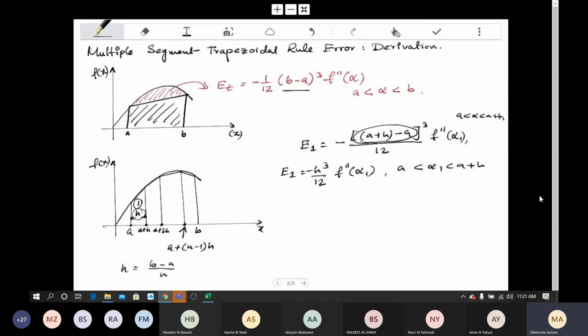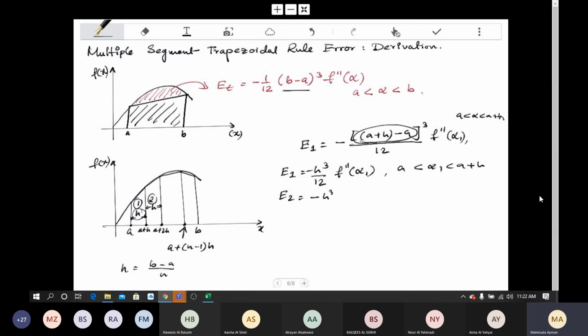Now we can try to work out the true error formula for trapezoid 2 here. For the second trapezoid, we'll have minus the distance between the boundaries of this trapezoid, which is h again, right?